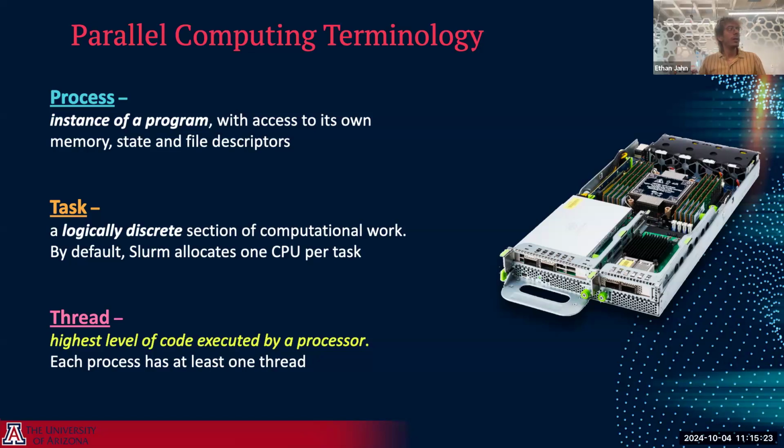So a lower level of code, the question is, what's the relationship between code and thread? So when you think about your code, that's being passed to a compiler. The compiler is translating that into a set of instructions that get passed to the CPU. So a lower level could be considered that set of instructions. That's not something that the programmer typically looks at directly.